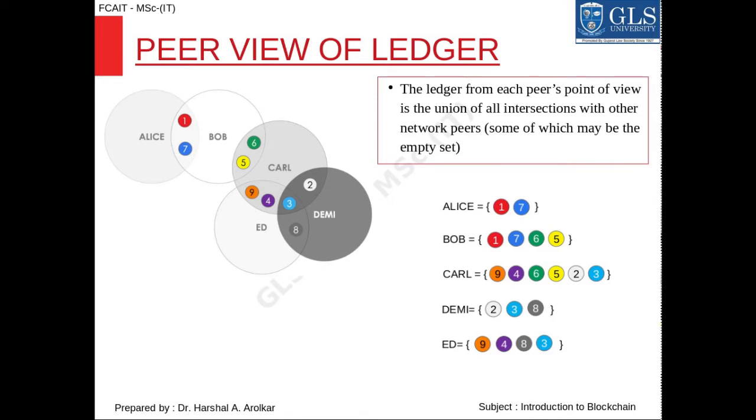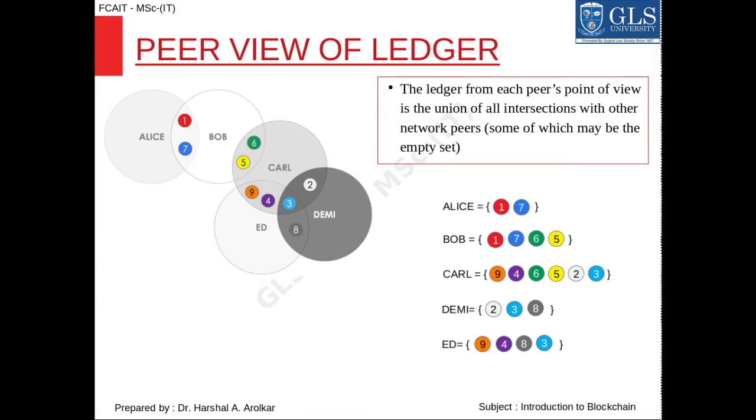The sequencing is not predefined over here. Just to simplify, we may assume that there was a transaction 1 done by Alice and Bob. Then there was a transaction between Carl and Demi, given number 2. Then a transaction between Carl, Ed and Demi, given transaction number 3.